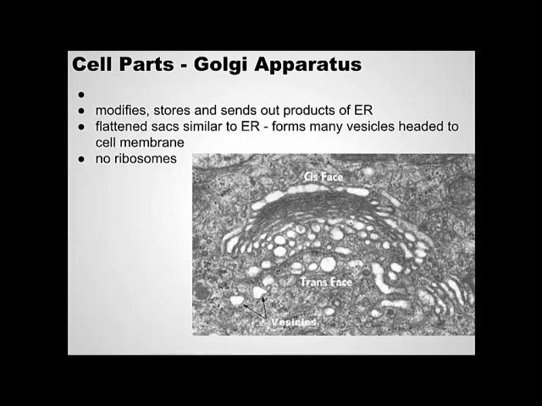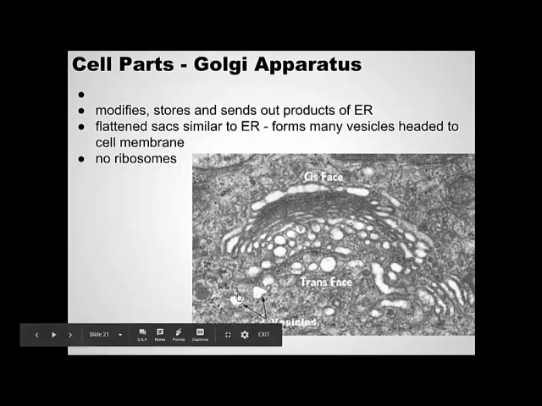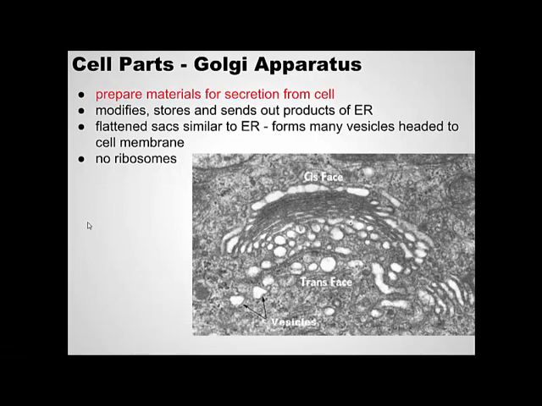It's also a series of membranes. However, it has a sort of different function. The Golgi apparatus takes materials that are going to be sent out of the cell and sort of packages them up. And the way it does that is it puts those materials into little bubbles we might call vesicles.